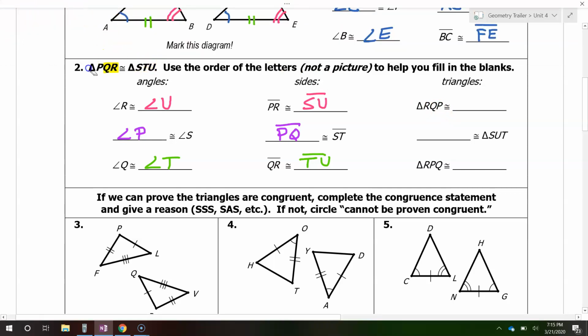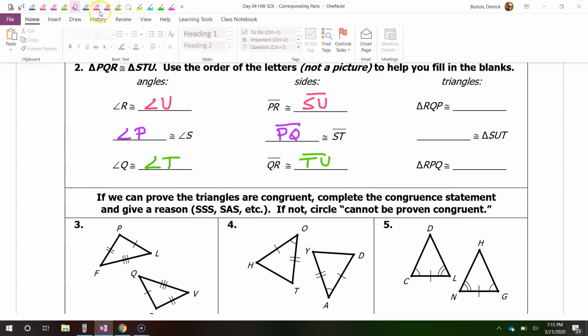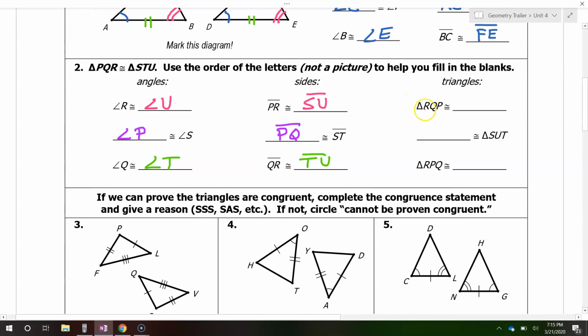Now we're switching up the order, and we still have to make sure that the same letters are in the same position. So if I say triangle RQP is congruent to, let's use what we have going on over here.